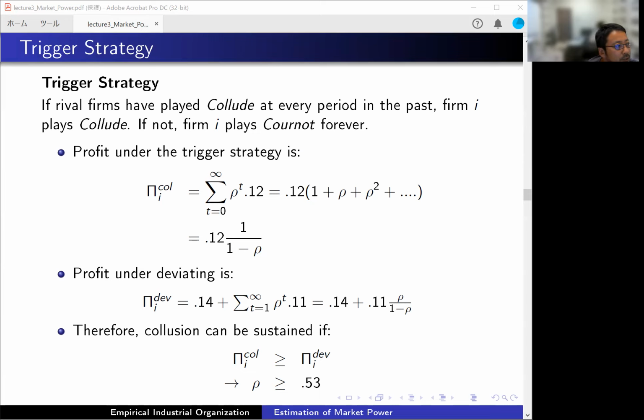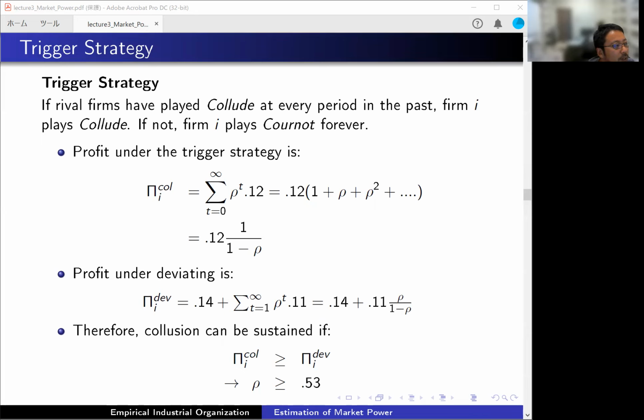To see that the trigger strategy indeed sustains collusion in equilibrium, let's check the profit under collusion and the profit under deviation. If both players stick to the collusive level of output, firm 1 gets a profit of 0.12 every period, and so the lifetime profit is 0.12 times 1 over 1 minus rho.